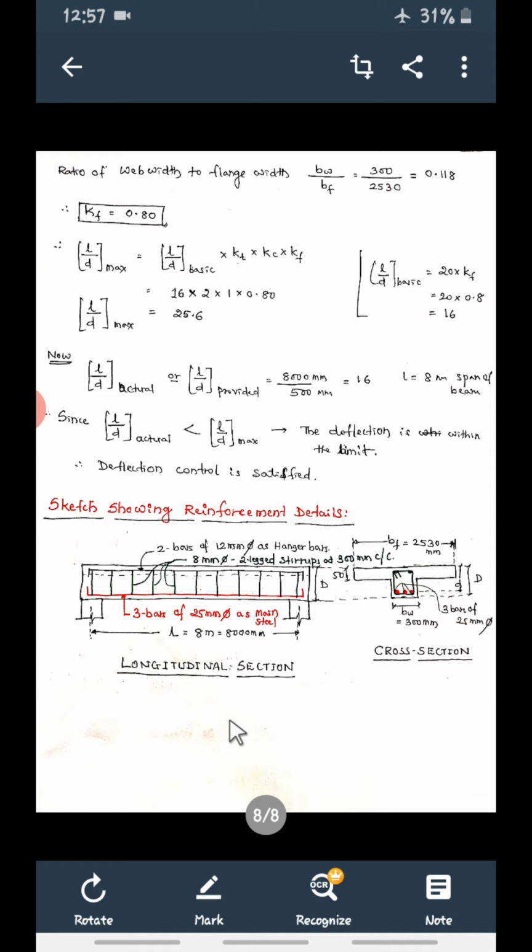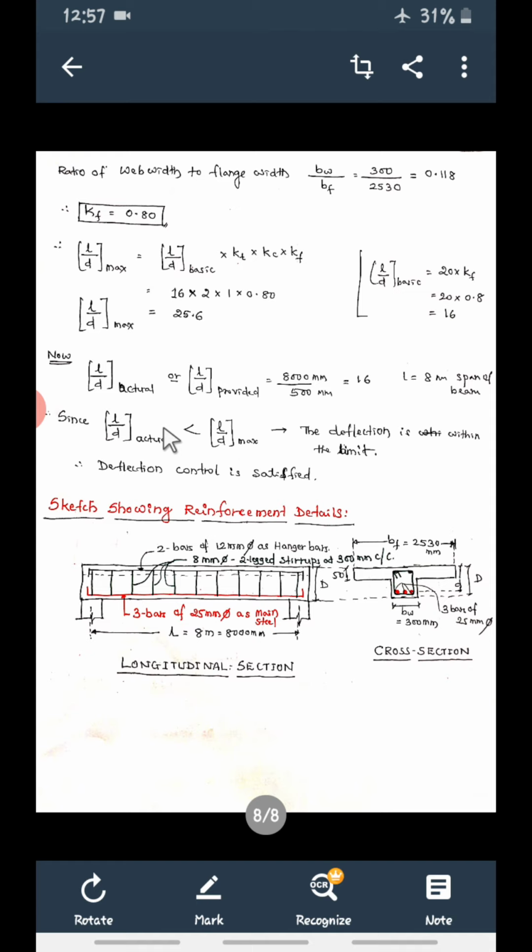There are just smaller changes compared to the singly reinforced beam. I hope you understood this problem. My humble request is to solve all these problems: design of singly reinforced beam, design of doubly reinforced beam, and design of T beam.